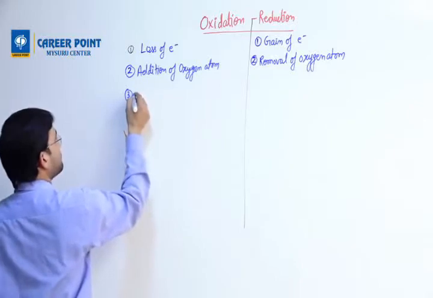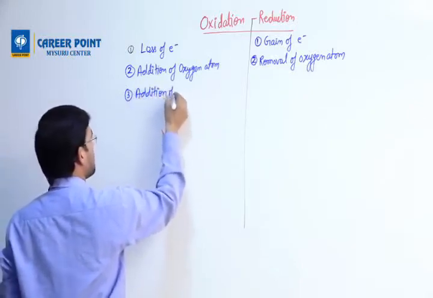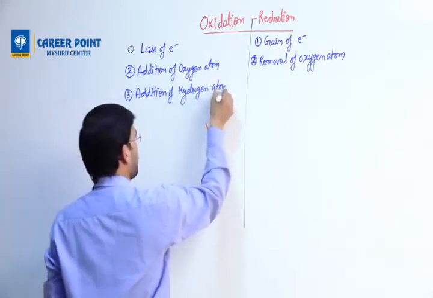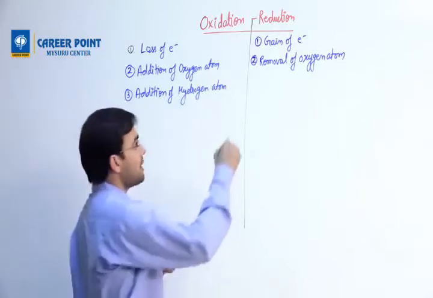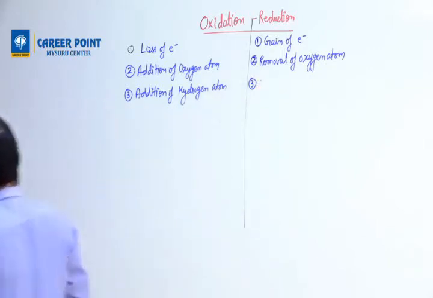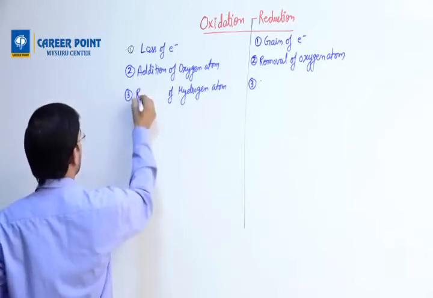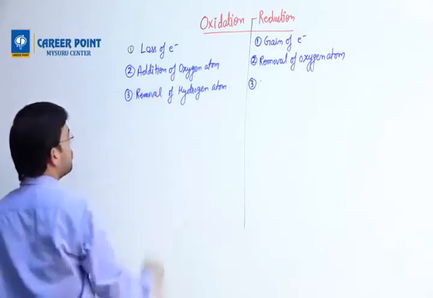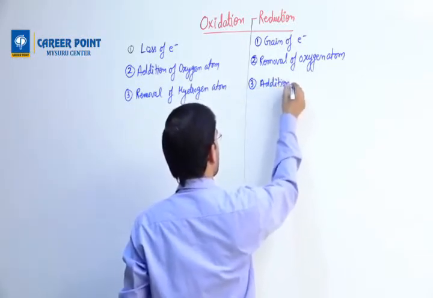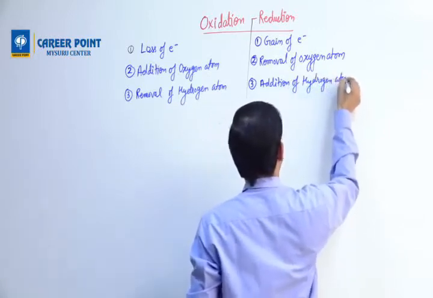Then oxidation is addition of hydrogen atom, or rather, here we have to write removal of hydrogen atom, and for reduction addition of hydrogen atom.